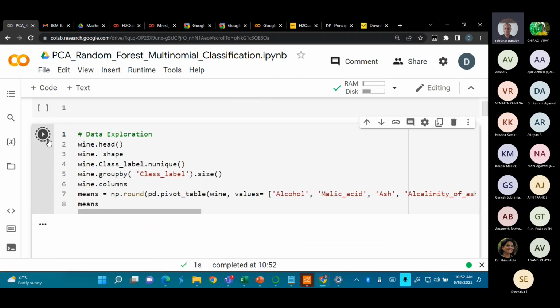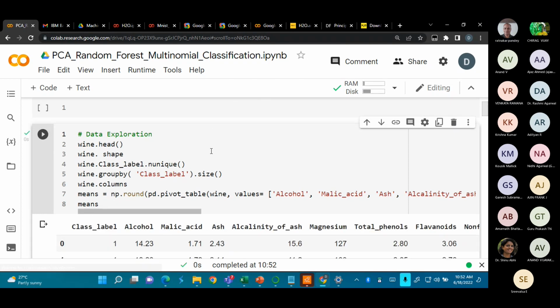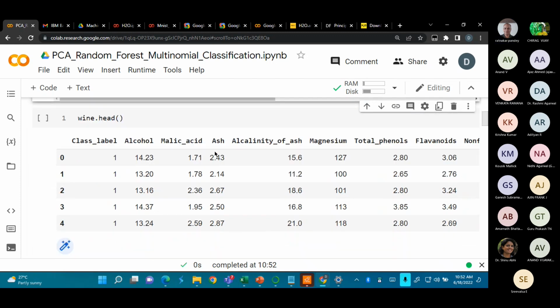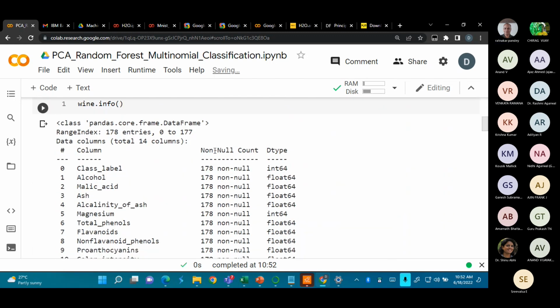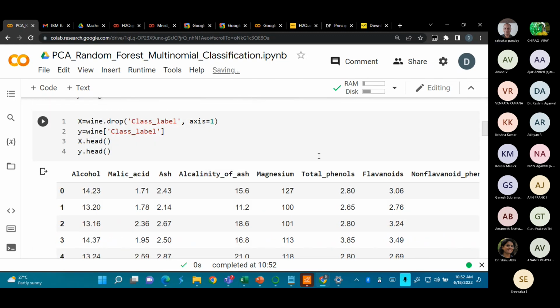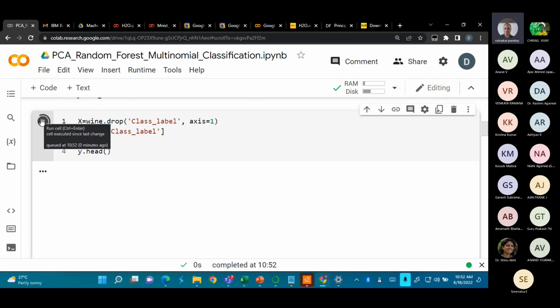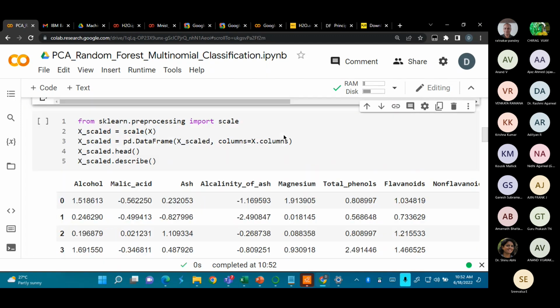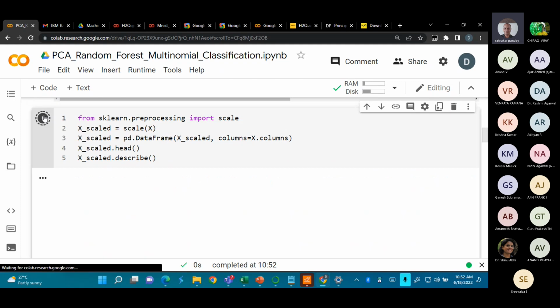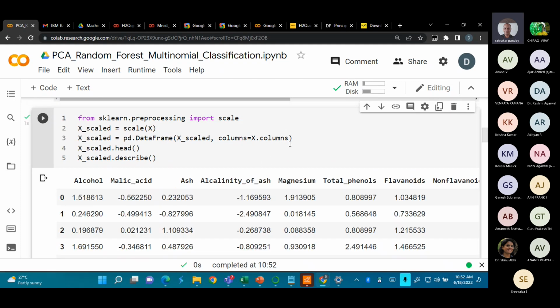We will do some exploratory analysis. We will do the features and label separation. Then we will do the scaling over here. I'll walk you through each line of code.